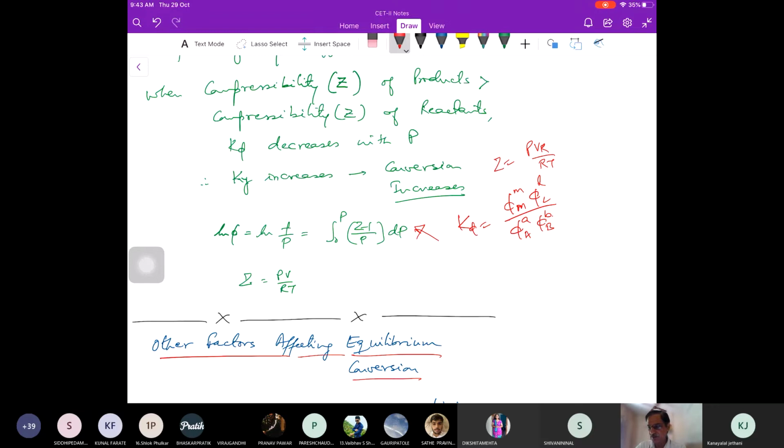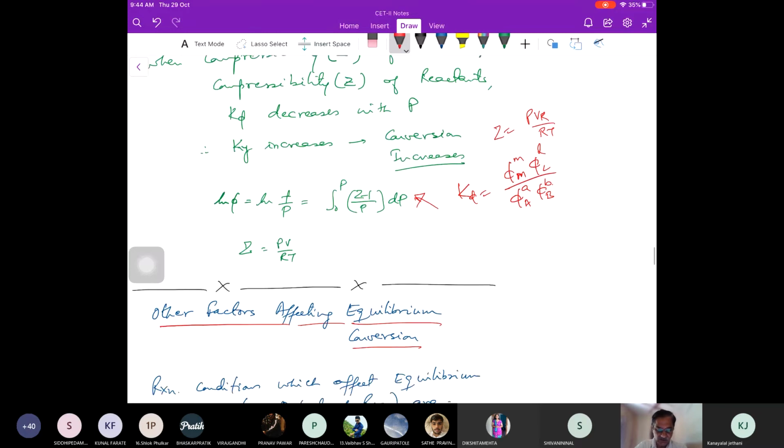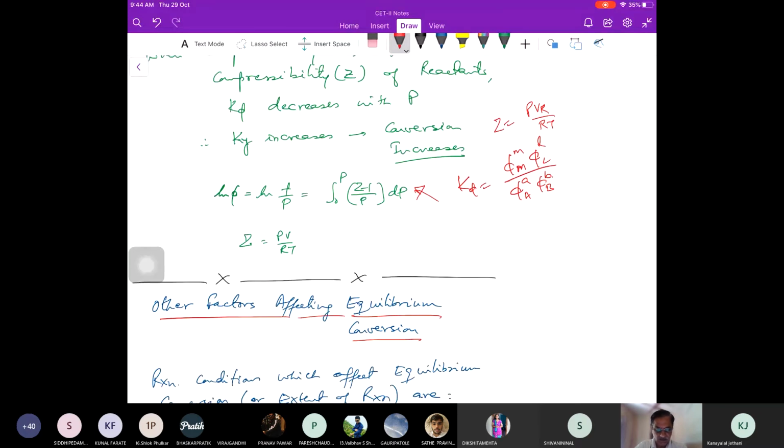Was it more than 1 or less than 1? Okay, so I think it was mostly less than 1, but ultimately we have to calculate phi and then you can calculate K phi.